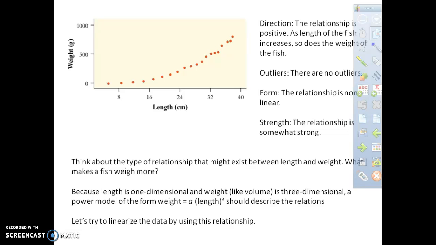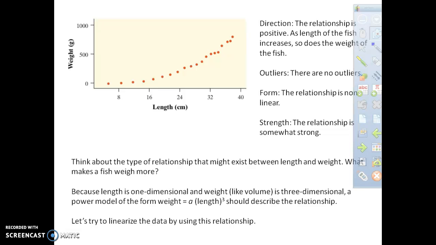So basically, this could be represented with a power model where weight is equal to the y-intercept times length cubed. So weight would be cubic dimension, and then the right side would also be a cubic dimension as well, three-dimensional. So this is a power relationship.